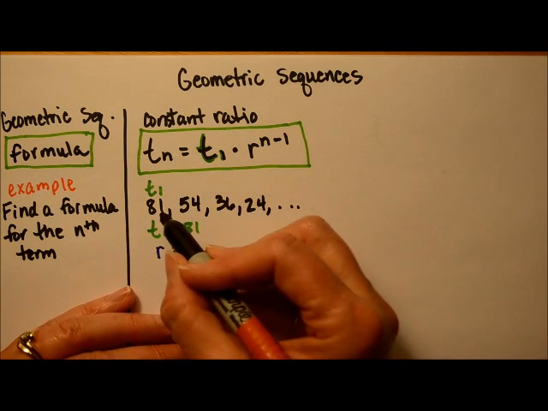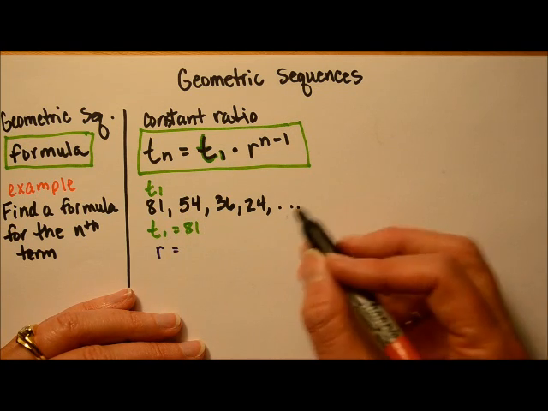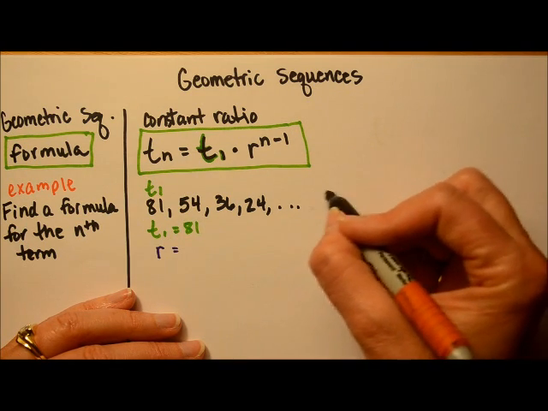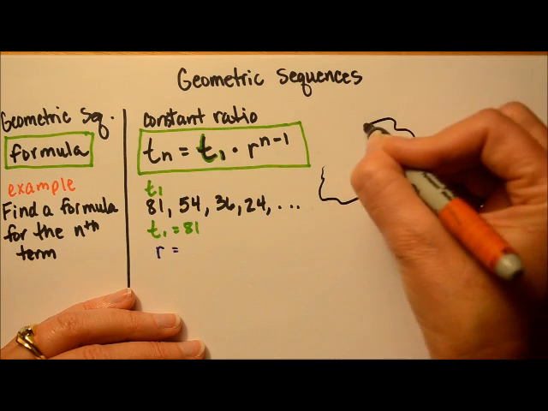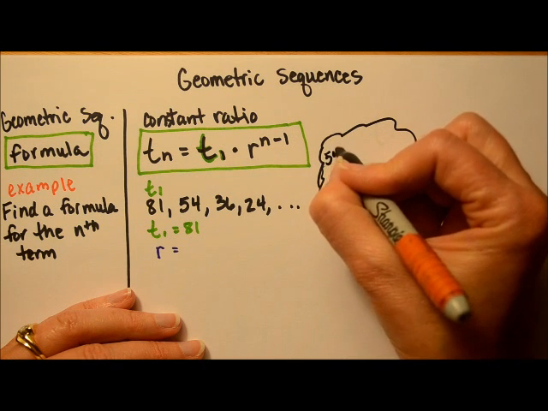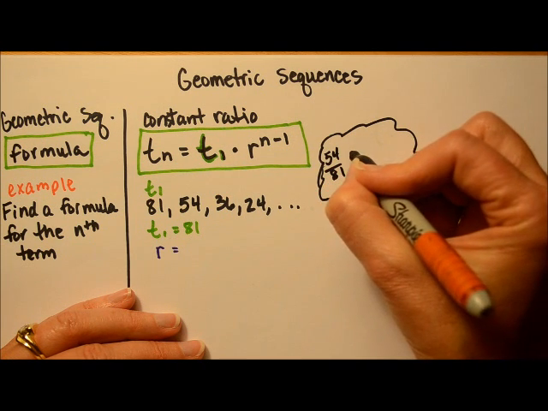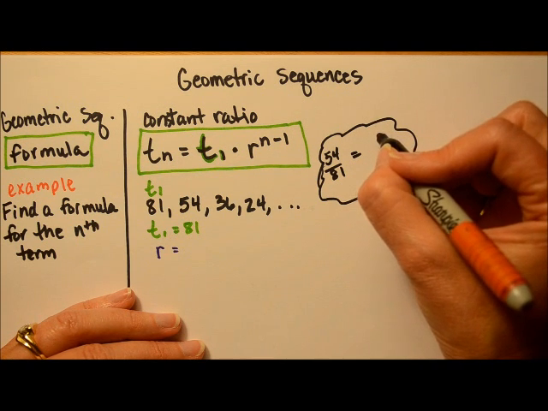Well, R is that ratio. Now, I have some kind of crazy numbers here. So I'm going to bring that ratio up over here. So it's 54 over 81, and when I simplify that, that's going to simplify to 2/3.